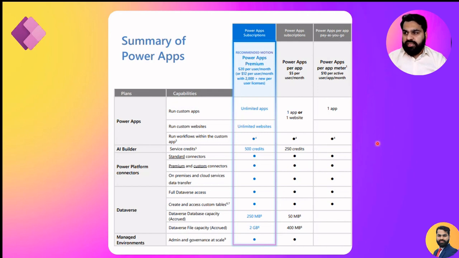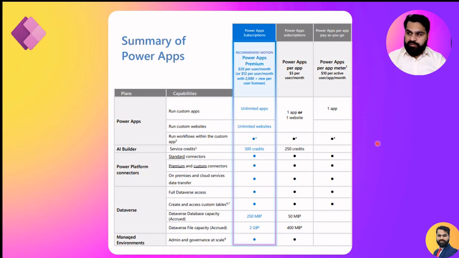Though we do not treat SharePoint as a database, for any proof of concept, we can always go ahead and create an application using SharePoint as a connector. Now, the SharePoint connector is a standard connector. So any Power App or Power Automate which uses standard connectors is a standard application or automation.